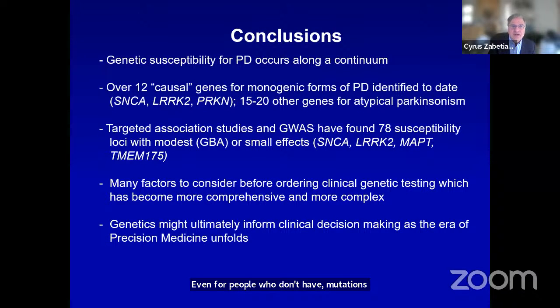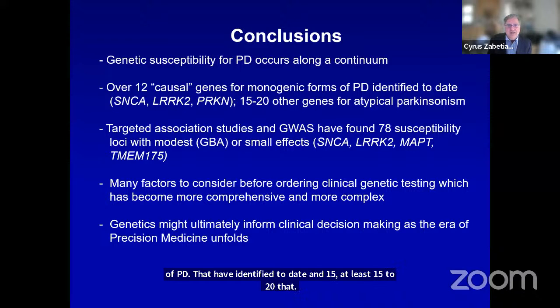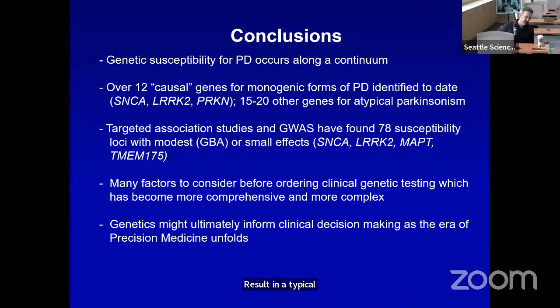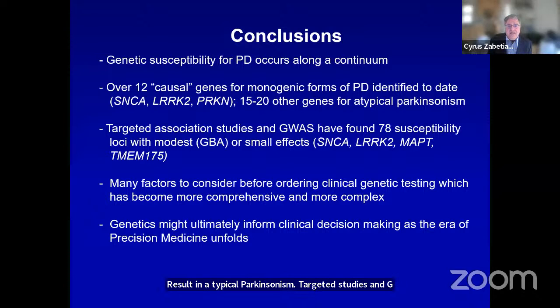So in conclusion, I hope I've shown that genetic susceptibility for PD occurs along a continuum. There are at least a dozen genes for monogenic forms of PD that have been identified to date, and at least 15 to 20 that result in atypical Parkinsonism. Targeted studies and GWASs have found nearly 80 susceptibility loci.